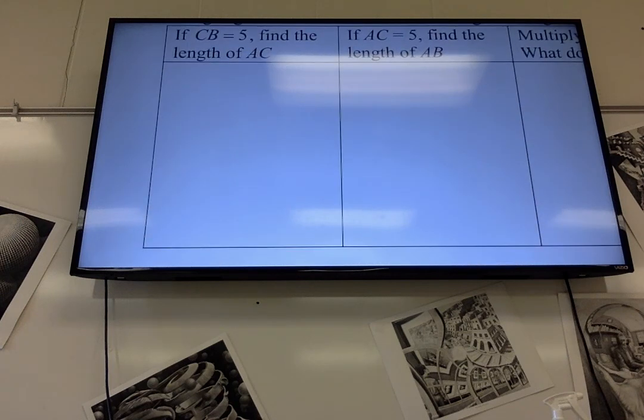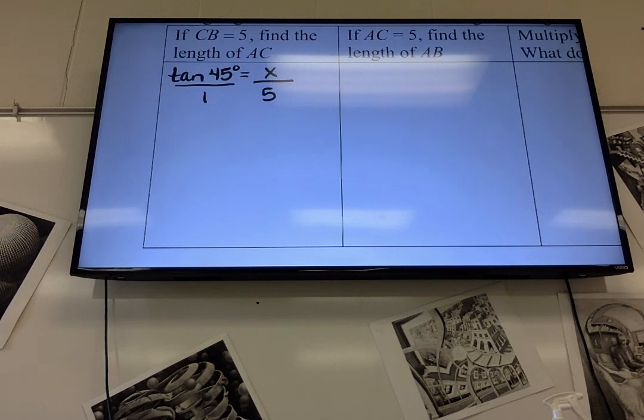So the tangent of the angle, which was 45 degrees, equals the opposite side, which is the one we don't know, over the adjacent side, which is the one we do know. So put that over 1, and let's cross multiply.